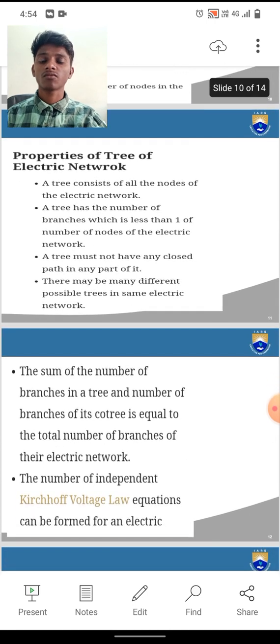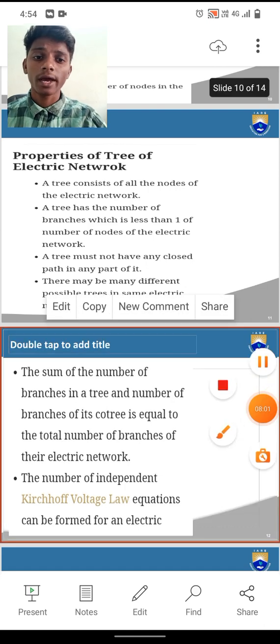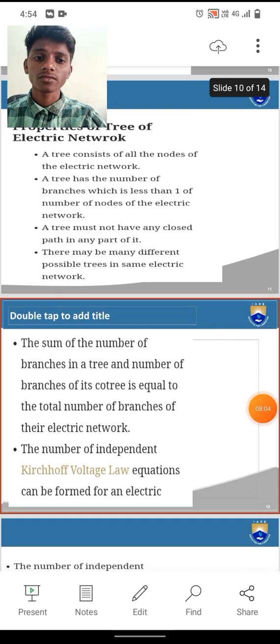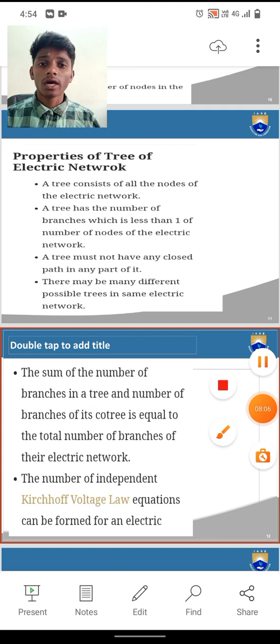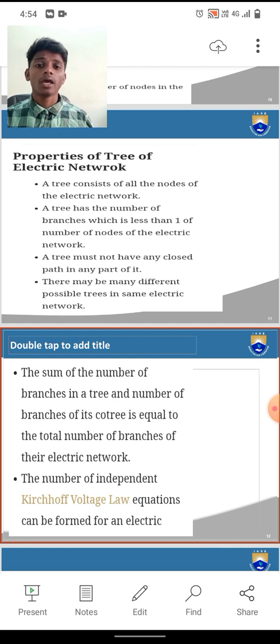Also, one more time I am explaining the properties of a tree of electric networks. A tree consists of all the nodes of the electric network. A tree has a number of branches which is one less than the number of nodes of the electrical network. A tree must not have any closed path in any part of it.